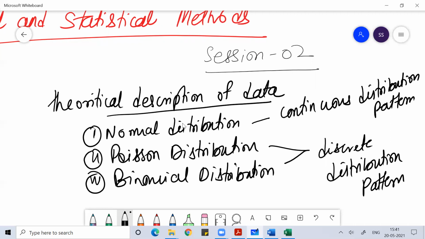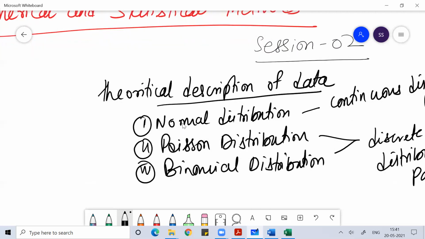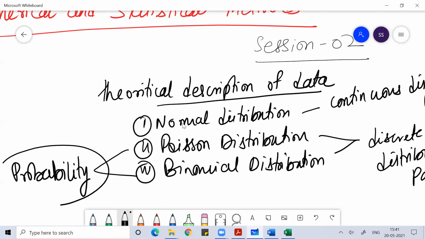More or less, you can understand that the data we encounter day-to-day, those based on probability tend to follow either a binomial or a Poisson distribution.